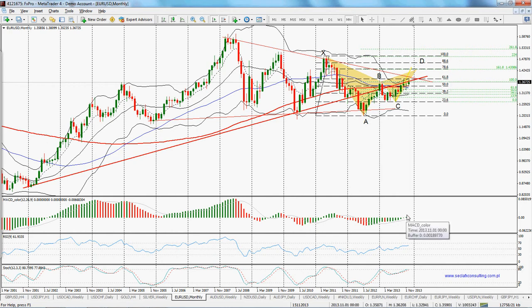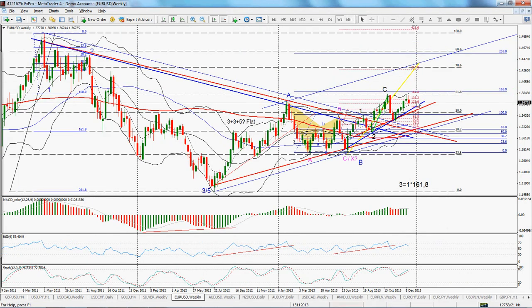The MACD indicator is breaking the zero line. This is important. On the weekly, we've got a red candle, which should give you at least one good short trade in the coming week. Especially if you don't know how to count Elliott waves, this is a good method to adapt yourself to the weekly candle.